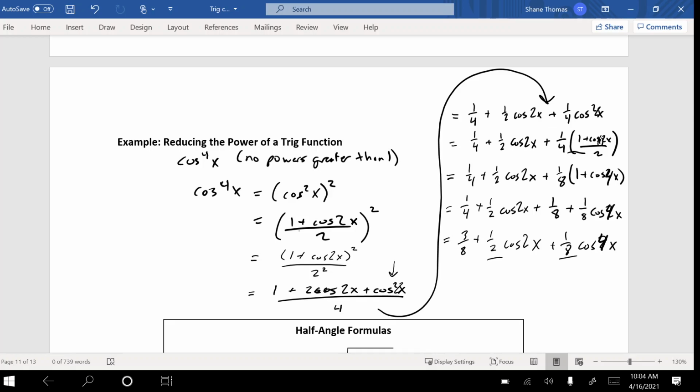All right, so right here, from here to here, I eliminated that 2x when I squared it. It should be cosine squared of 2x. I just had cosine squared of x. So there was a 2 that I didn't carry along here, making that 4x.